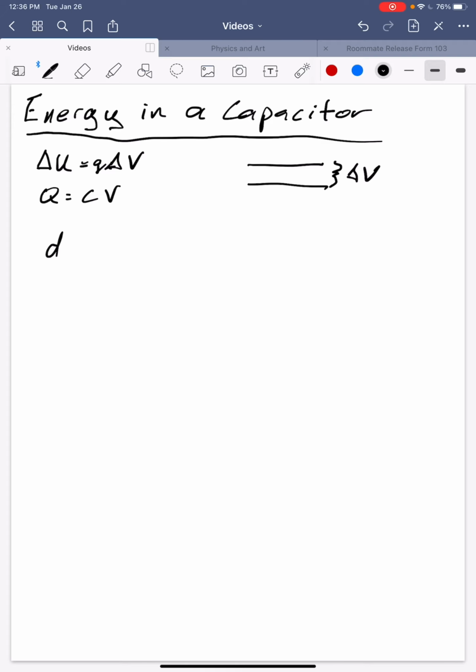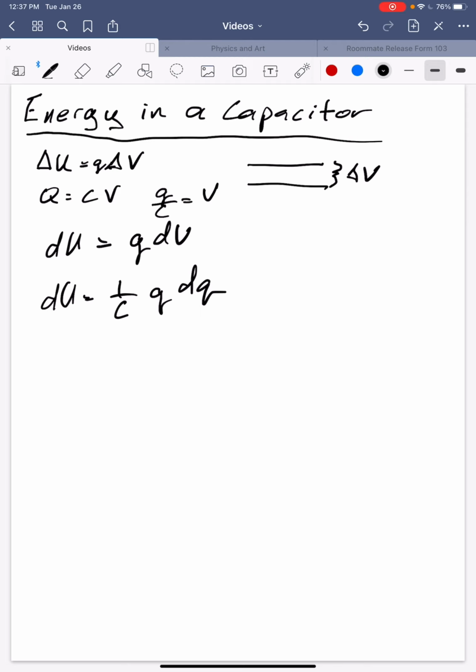I actually then have that dU is equal to q dV, and then I can just use this relationship that says V is equal to q over C. And then I get something that looks like dU equals 1 over C q dq, and C is a constant, so I don't have to worry about the differential of C. I integrate both sides, and I get that U is equal to Q squared over 2C, which I could also write as 1/2 CV squared.